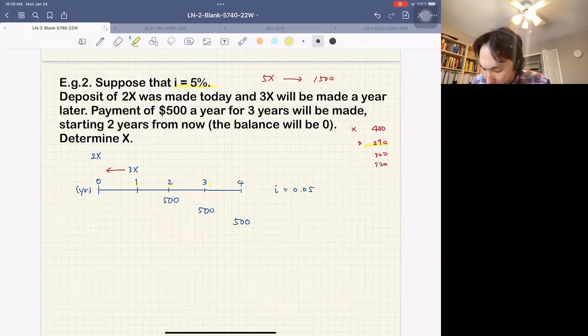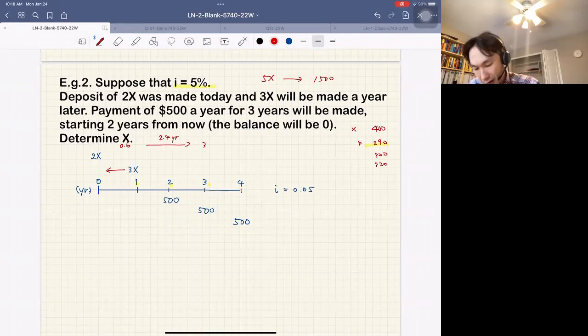Okay, so the money is in the account for several years, right? So my guess is the deposit is made at about year 0.5, or maybe 0.6 or something. And we will get money on average at time 3. So I would say that the money is in the account for about 2.4 years.